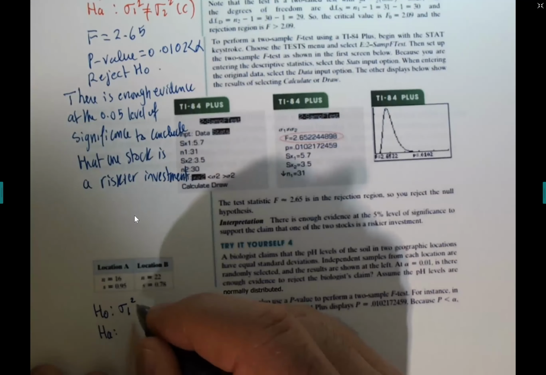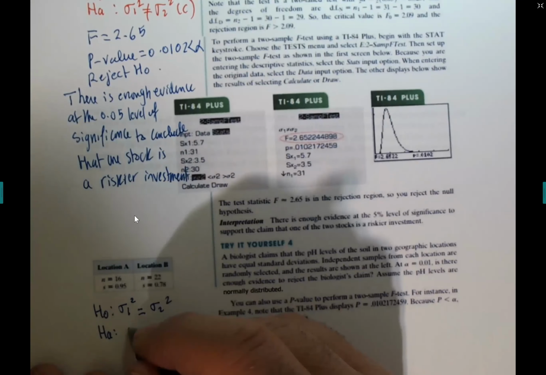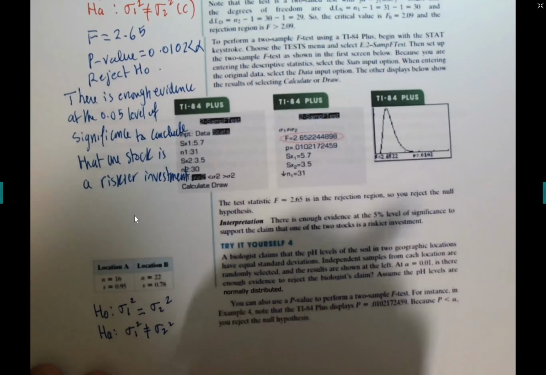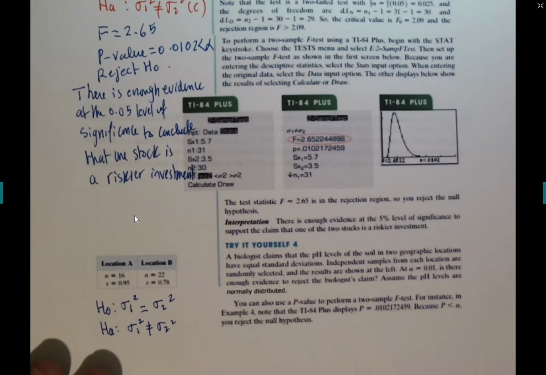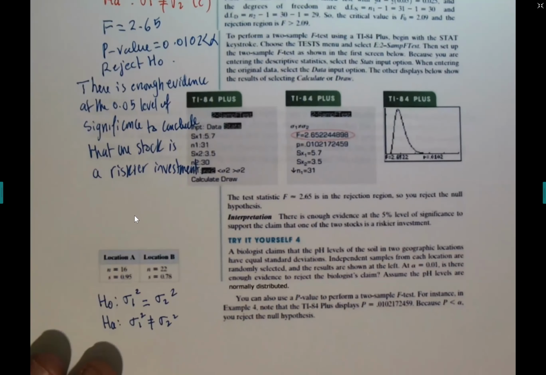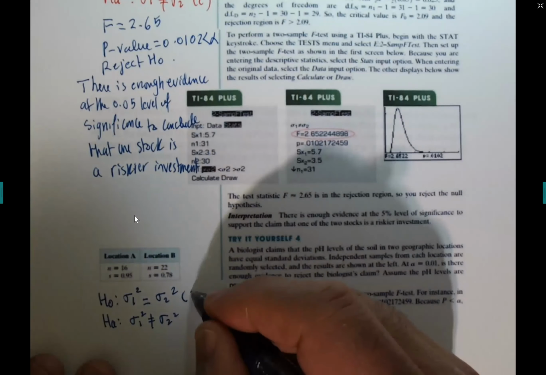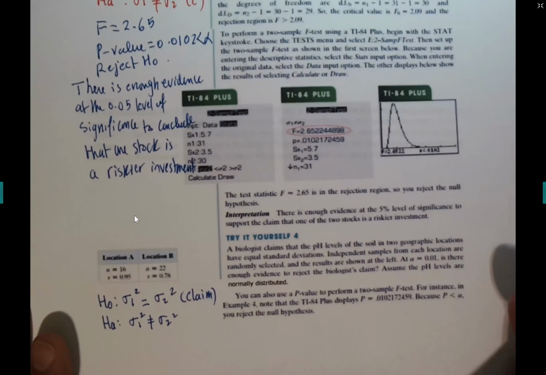I didn't enforce it, but I like everybody to participate in this. I will correct you if you make mistakes. And where is the claim, guys? He says a biologist claims that the pH levels have equal standard deviations. So do you guys agree with me if I tell you that the claim should be in the null hypothesis? Yes? Yes.